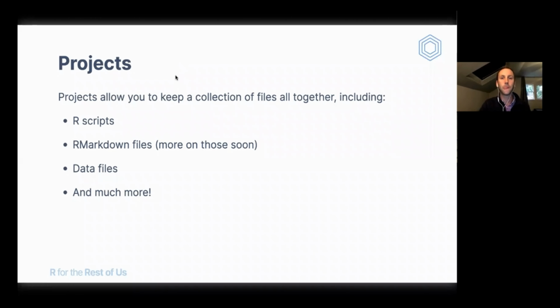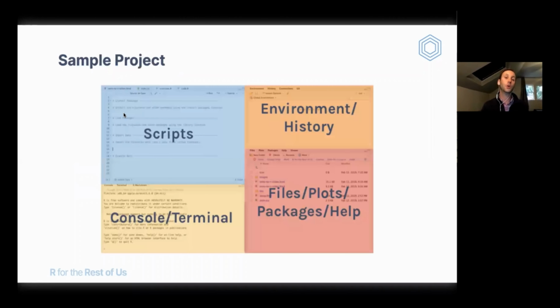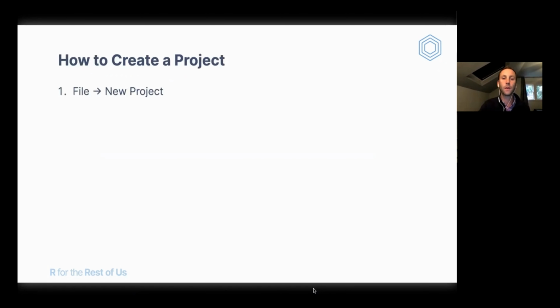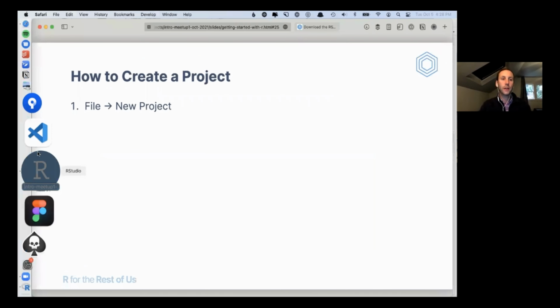Good to know. Okay, so this is a sample project, this visual that I have where you have all of the pieces together: scripts, your environment, files, console, etc. Let me show you how to create a new project.